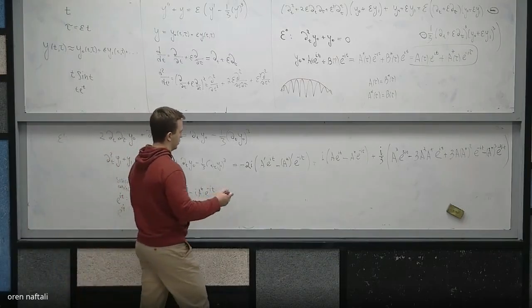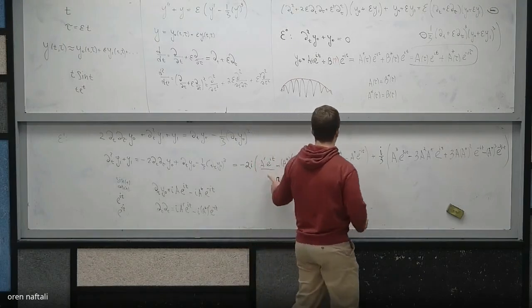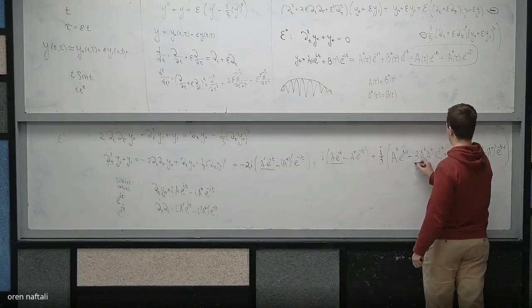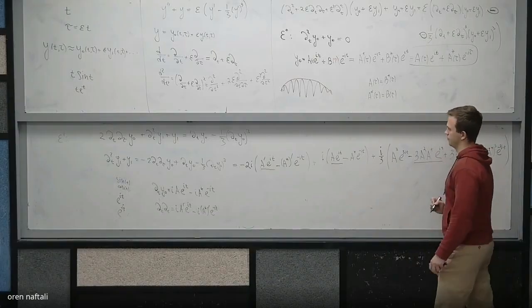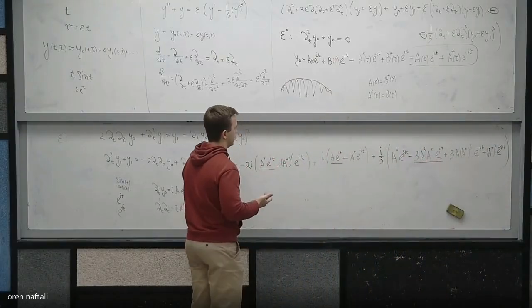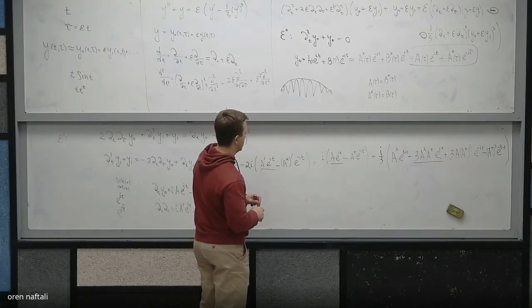So let's pick this term with plus sign. We have here one, and here one. Okay. And we want them to be 0. So let's write it down.